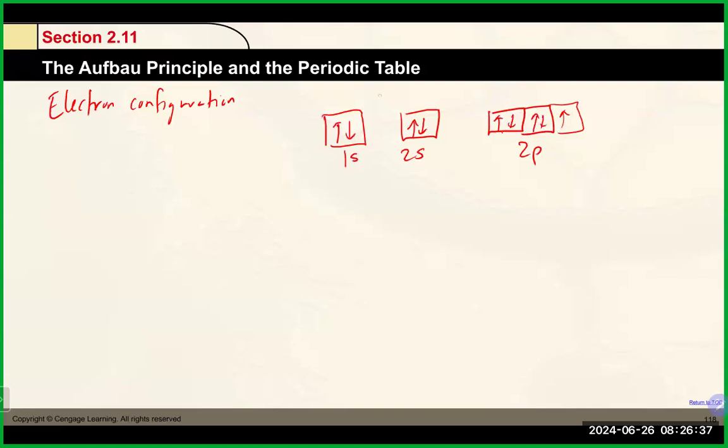Remember, as we did for a number of the electron configurations, you can assign quantum numbers for each individual electron. And again, our n, our l, our m sub l, and our m sub s values.